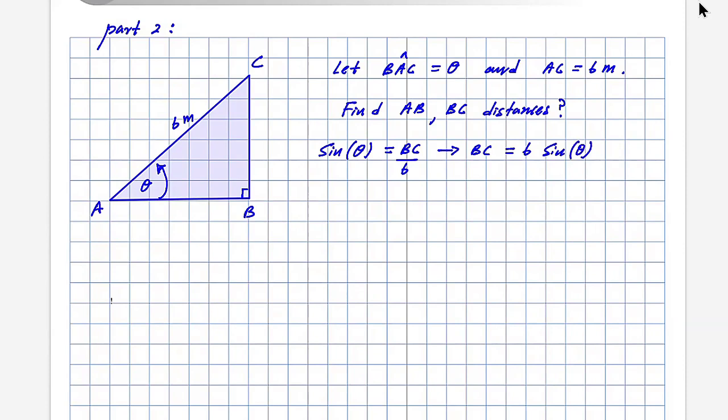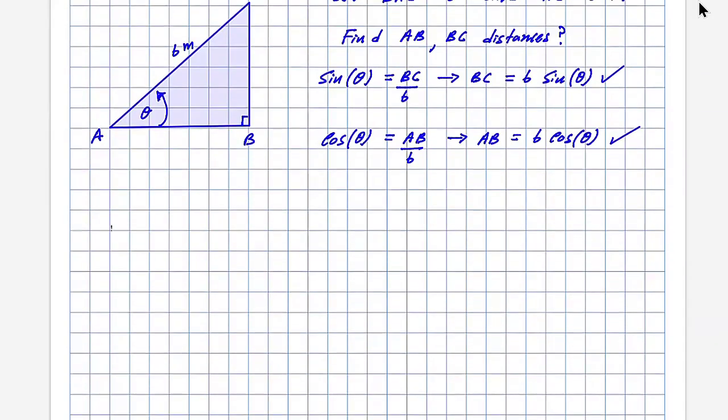Then to find AB, you can use cos theta, which is going to be AB divided by 6. So then AB is going to be 6 cos theta. So these are the two answers. Right.